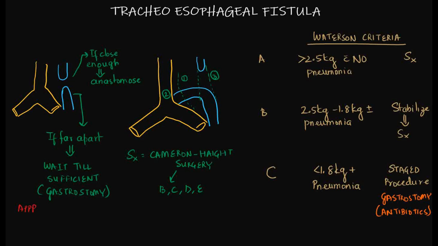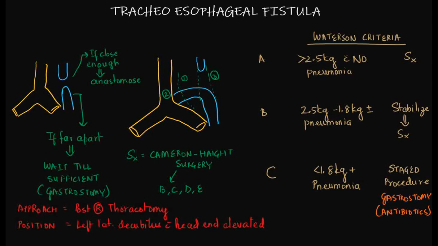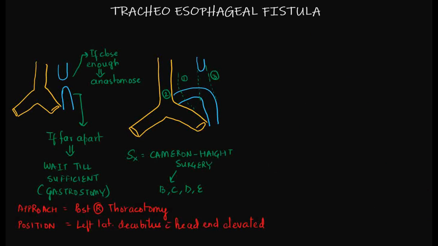Approach is the posterior right thoracotomy. And so the position of the patient is in the left lateral decubitus with the head end lifted to prevent reflux. So the complications of the surgery are: 1.